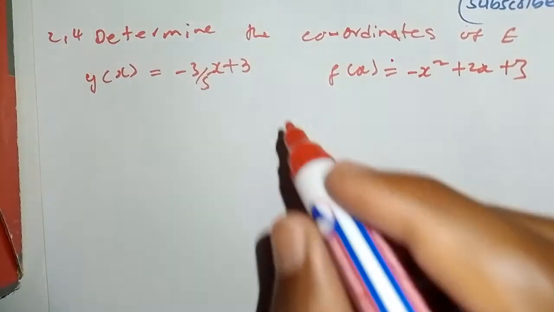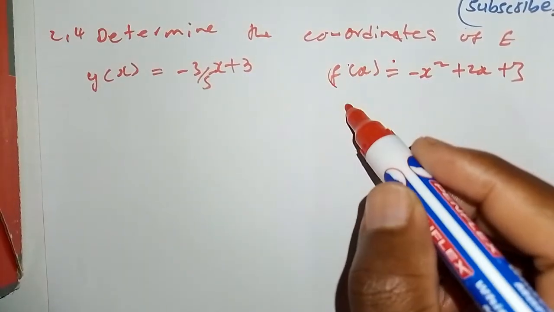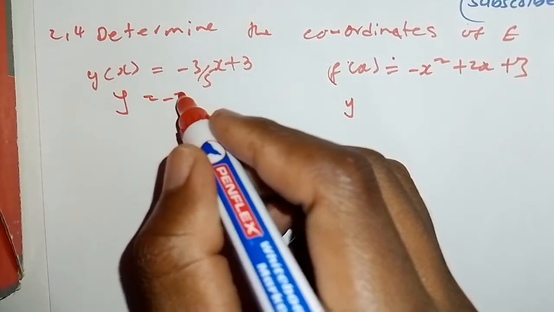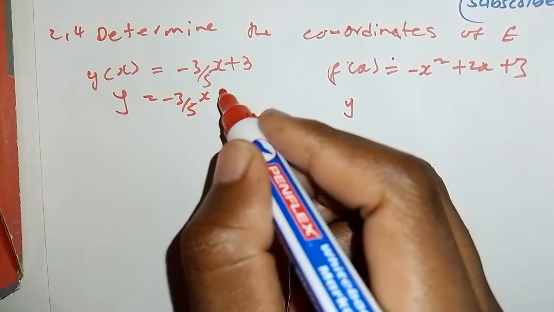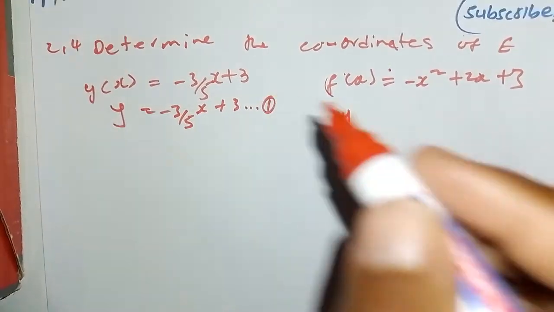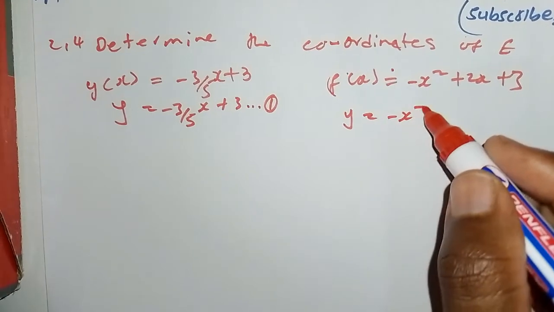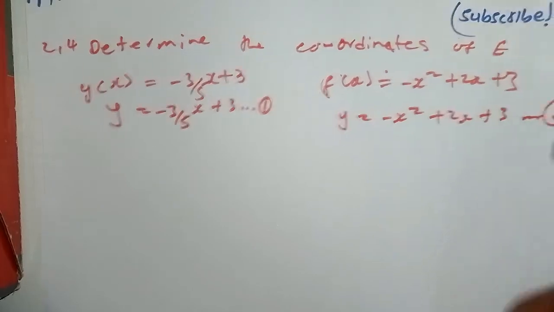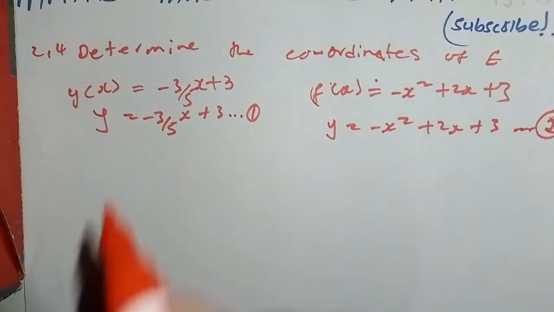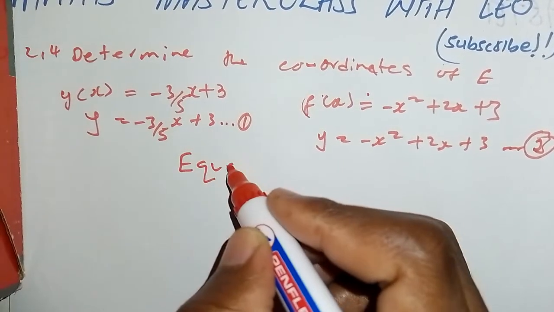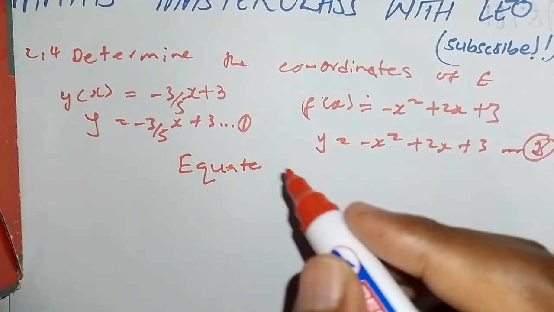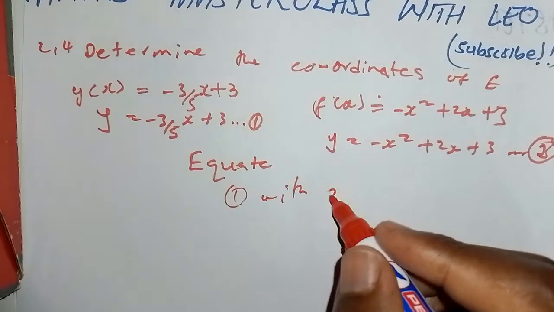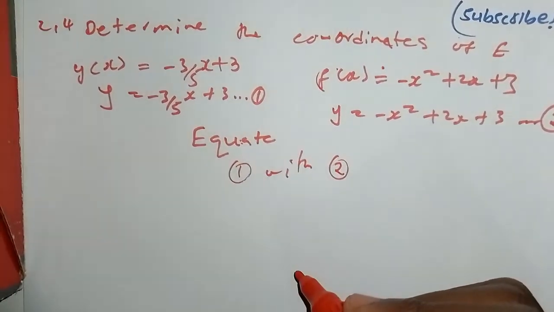Now remember, this represents y and this represents y. So this is my first equation, y is equal to negative 3 over 5x plus 3. And this one, y is equal to negative x squared plus 2x plus 3, equation 2, right? And then equate equation 1 with 2.